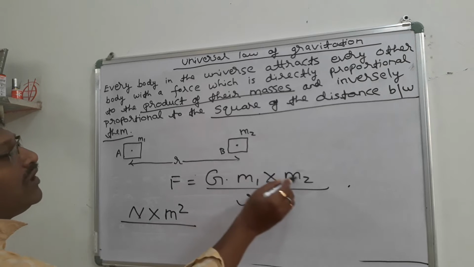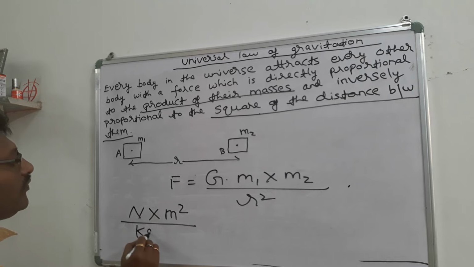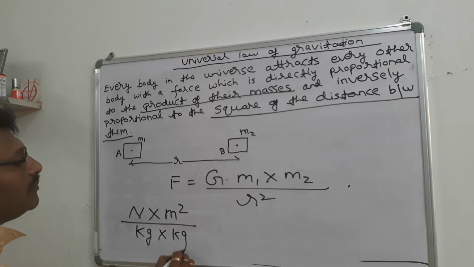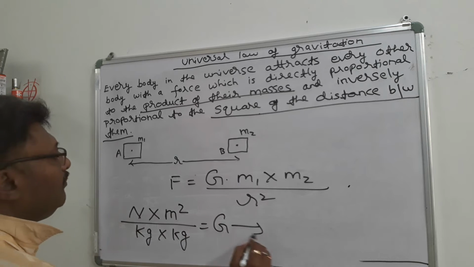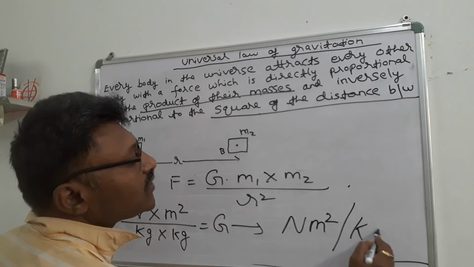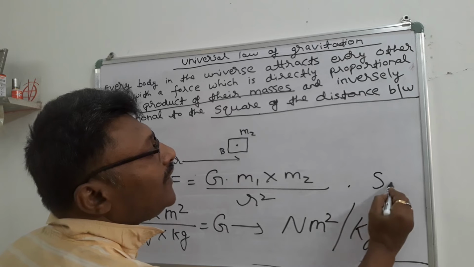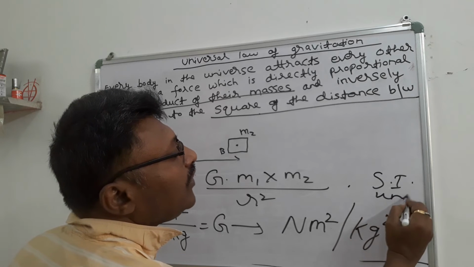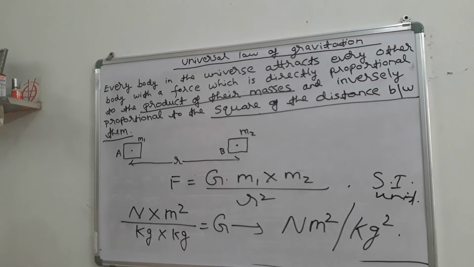Upon m1 m2, both have unit of kilogram, so kilogram into kilogram. G is equal to this, so it will be Newton meter square per kg square. So this is the SI unit of universal gravitational constant.